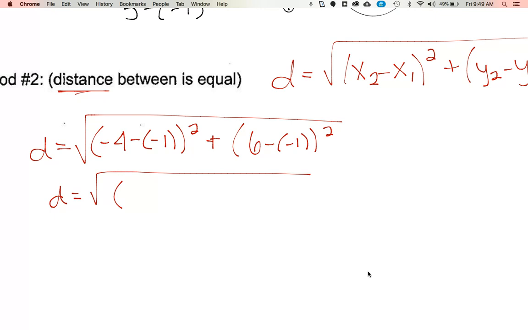So inside those parentheses, we get -4 plus 1, which is -3. The other parentheses, we get 6 plus 1, which is 7. So that's going to be 9 plus 49.